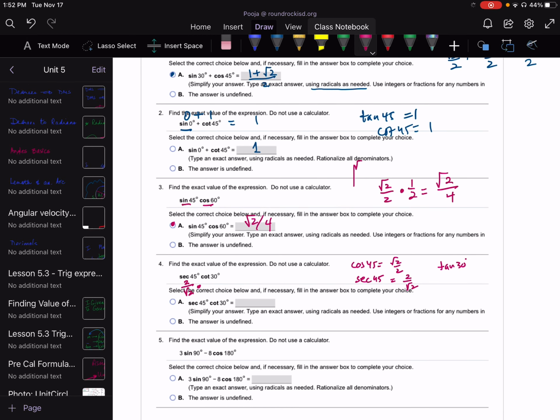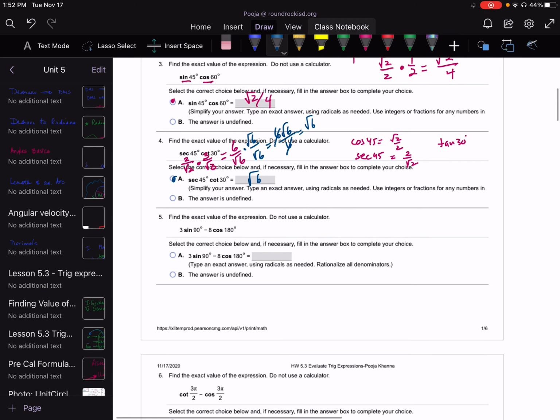Tangent 30 is root 3 over 3, so cotangent 30 should be 3 over root 3. When I multiply these, I end up getting 6 over root 6. I have to rationalize it. 6 root 6 over 6, and the 6s cancel, so it's just root 6.